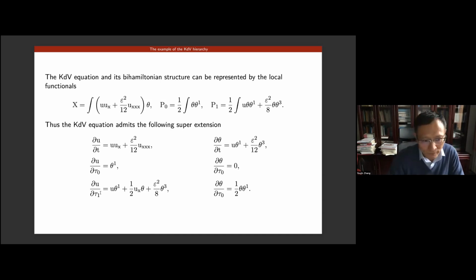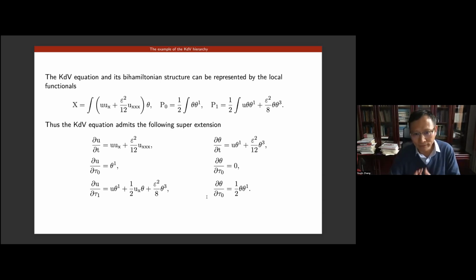It's trivial. And we also have the other flow given by tau 1. I made a mistake; this should be tau 1, induced by the Hamiltonian operator P1. So we have the evolution of u along tau 1 given by this expression, and this is called the super extension.